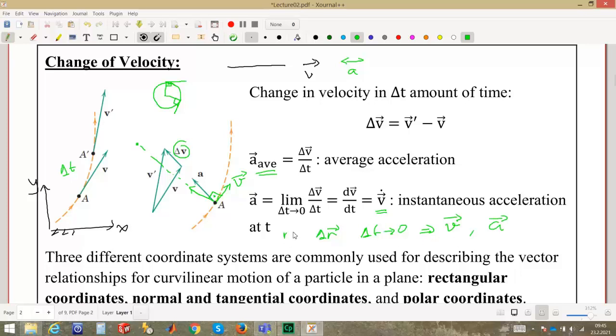Now, these vectors delta r, v, and a are free from any frame, but if you would like to define them, you need to choose a frame. You can choose your frame here at point O, or you can choose a frame here. Let's say this is x prime, this is y prime, and this is O prime. And then define everything with respect to this frame.